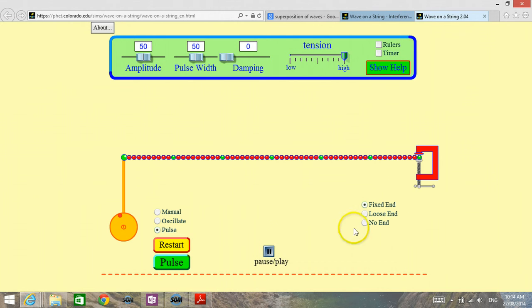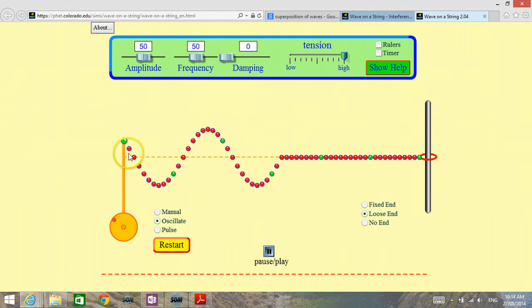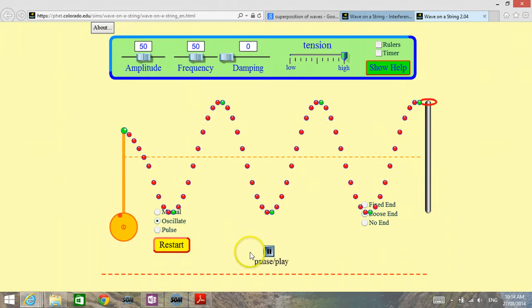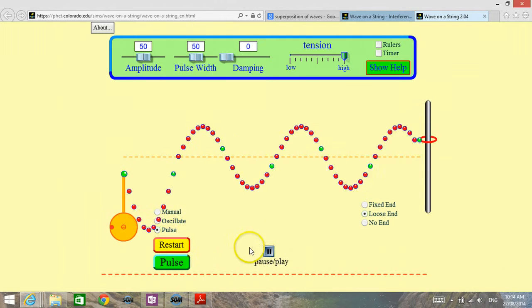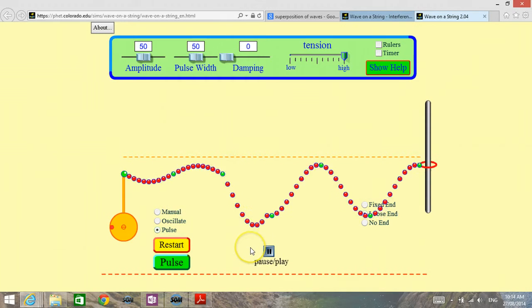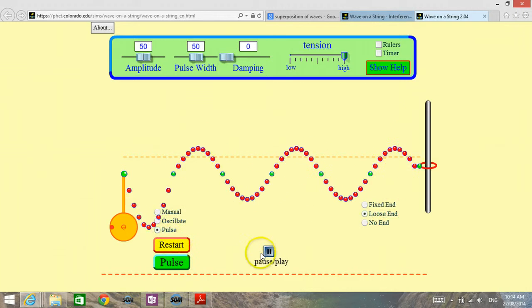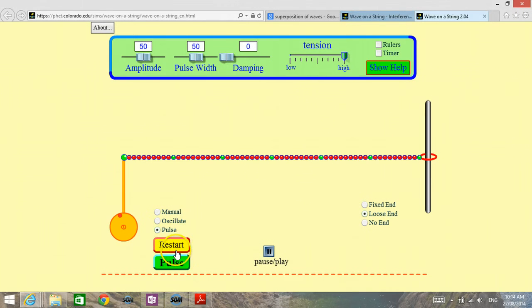But the other thing I want to show you is this. Assume I have this, and I gave a wave. Sorry, I think I made a mistake. Anyway, I restarted.